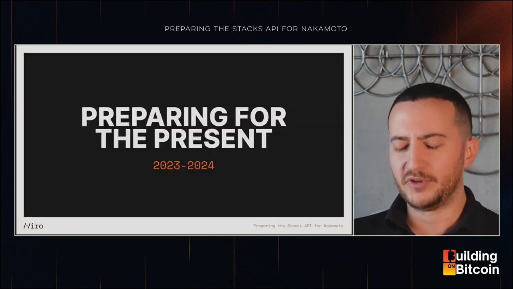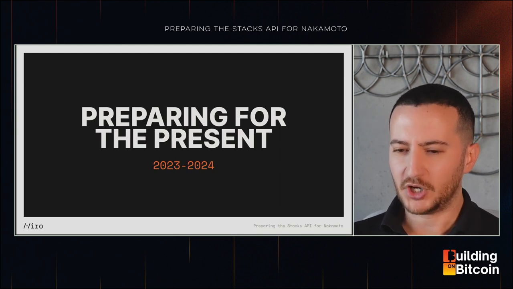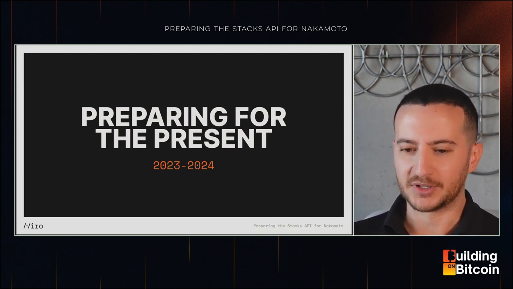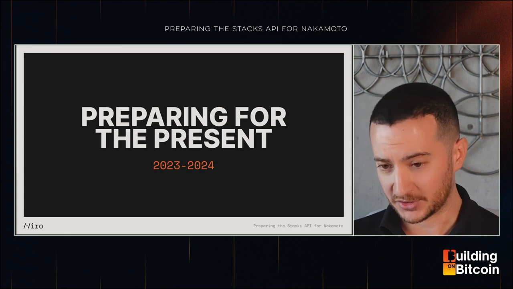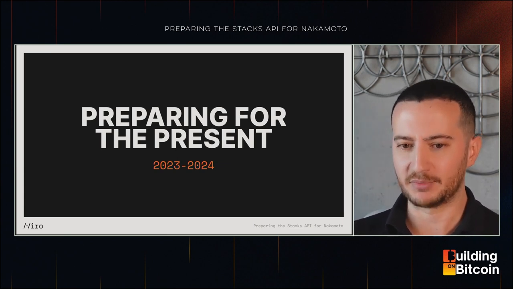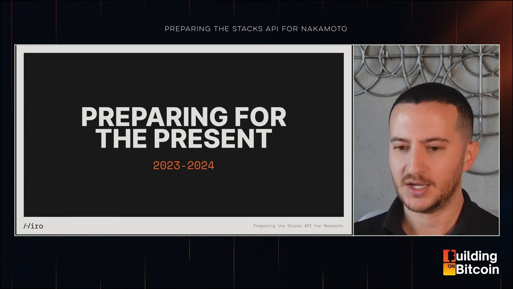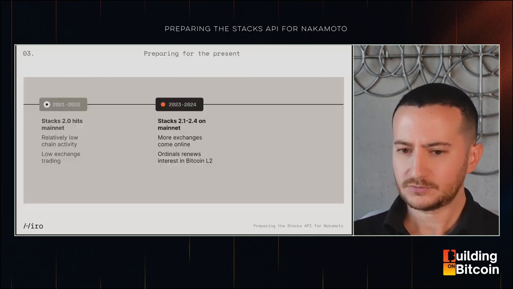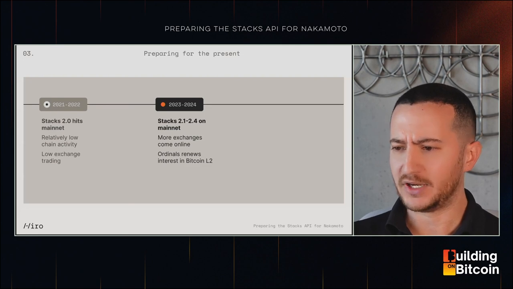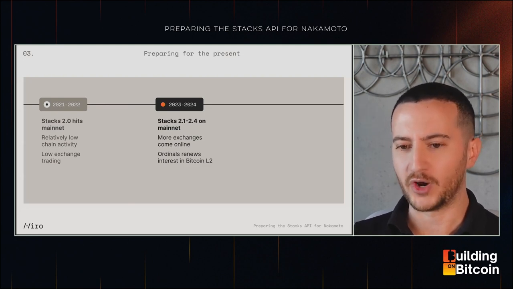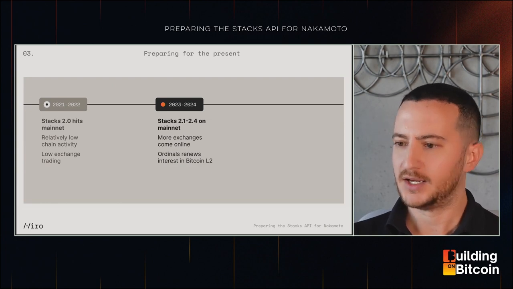Now, moving to the present, and not right now, but I'm also including 2023 because it was a year that represented a massive shift in activity on the Stacks network. If you recall, during January of 2023 was when ordinals on Bitcoin really started exploding.